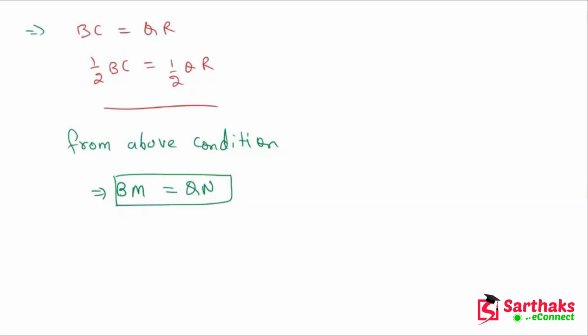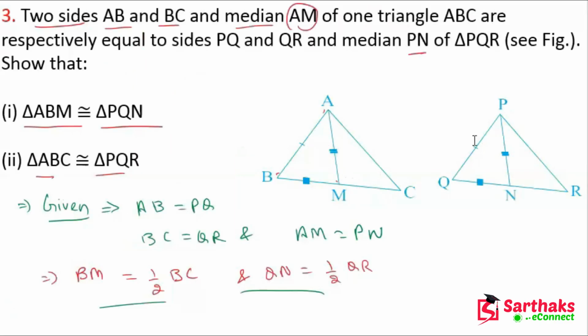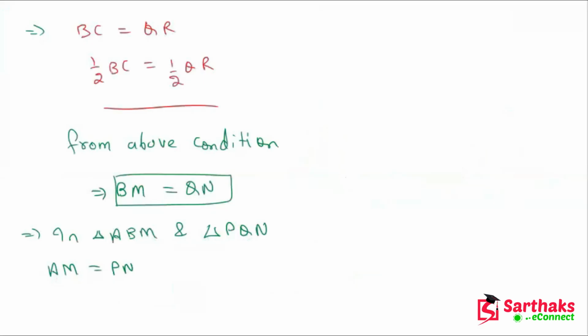Okay, so in triangle ABM and triangle PQN, AM is equal to PN, which is given, and AB is equal to PQ. These two conditions are given in the question, and BM is equal to QN.